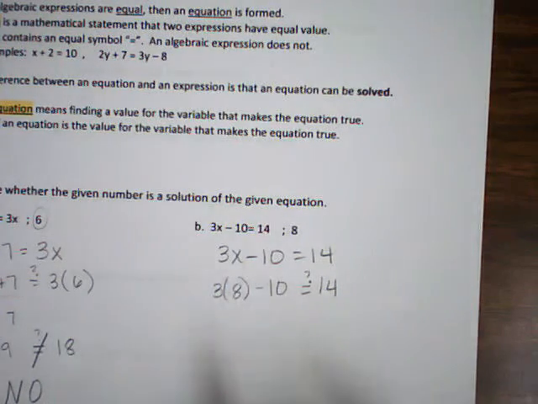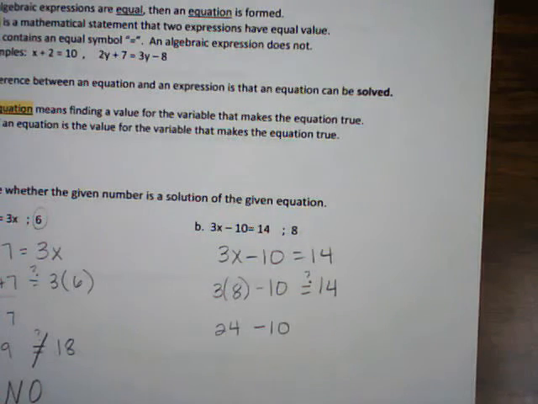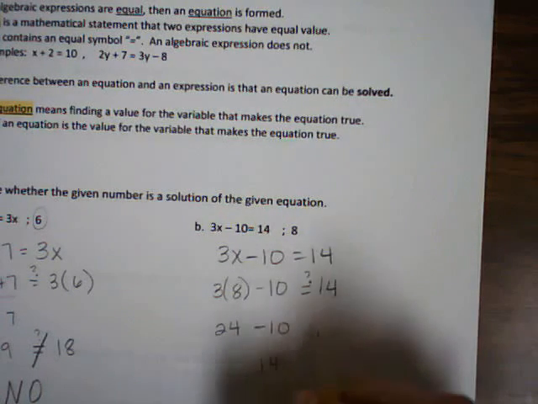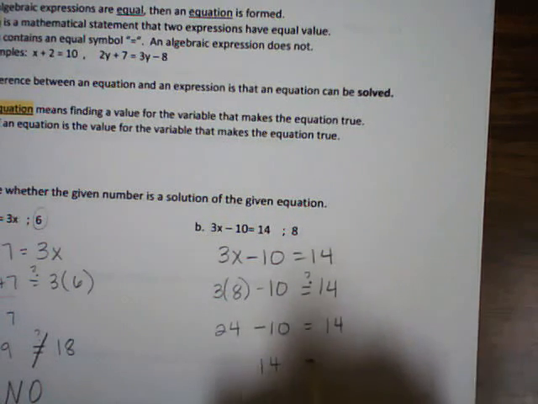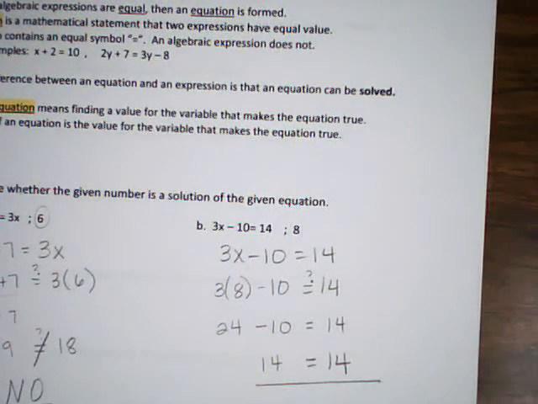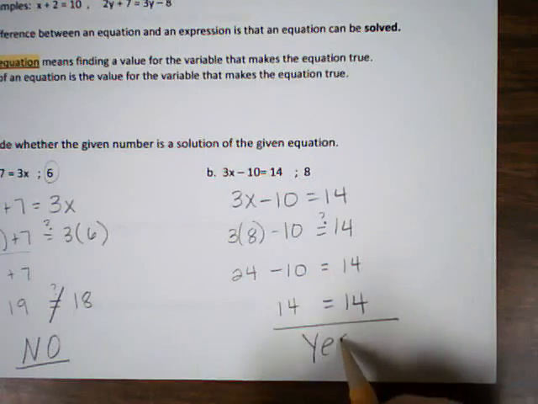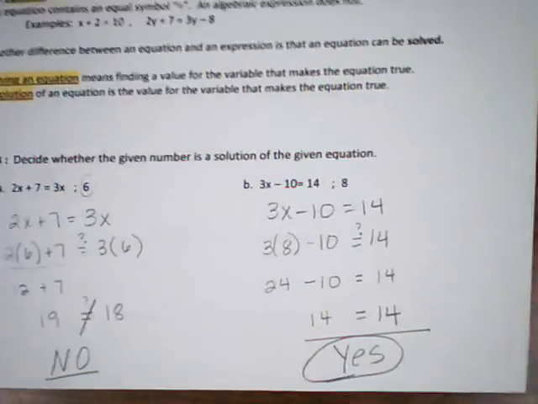Multiplication first. 3 times 8 is 24. Minus 10 would be 14. And that does equal 14. So I get a true statement. Because 8 gave me this true statement, that means 8 is the solution to this equation. So it would be yes.